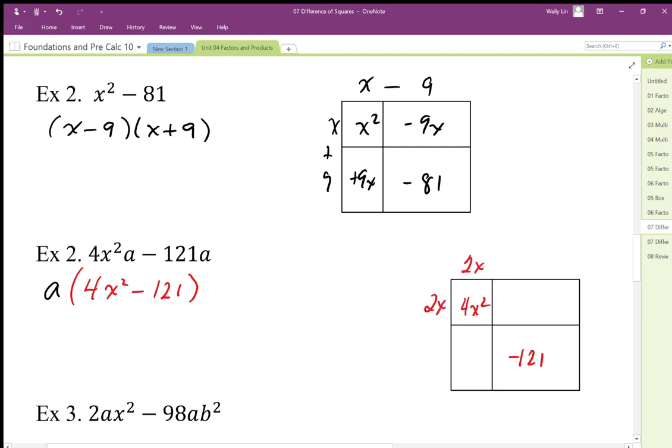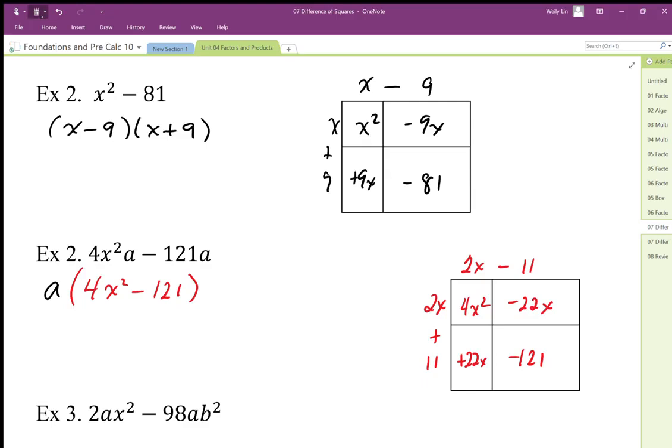It has to be symmetrical, because again we need these parts to cancel out. So we need some symmetry here for that to happen. For this to be symmetrical, we need to take the square root of that. So we need 11 on this side, 11 on this side. So this would have been minus 22x, positive 22x. That's what canceled out to give us the 4x squared minus 121.